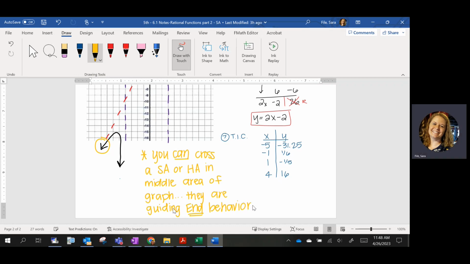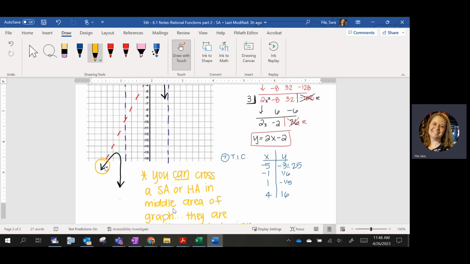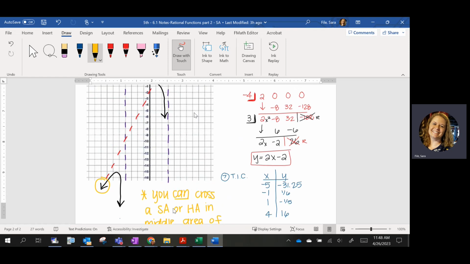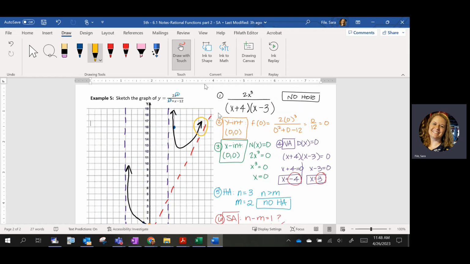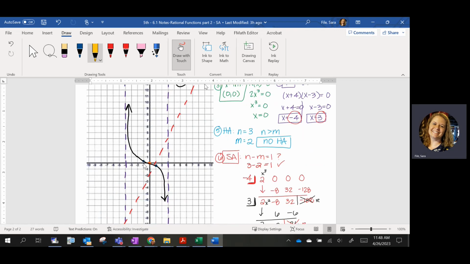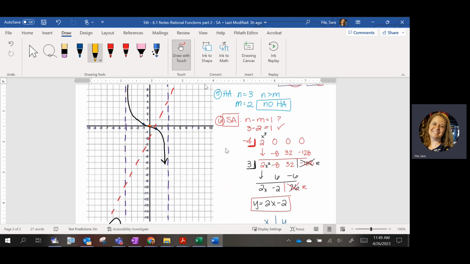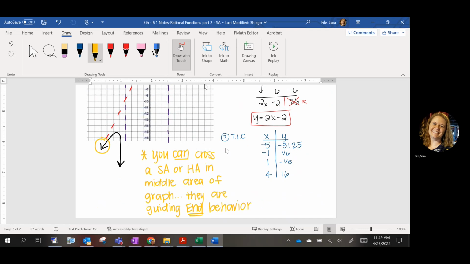So if you have a slant or horizontal asymptote, it is only there to help you with the end behavior. It's telling you where the left and right hand ends are going, how to sketch the graphs on the left and right hand ends. You can cross them in the middle. You cannot cross a vertical asymptote. That's the only one, okay?